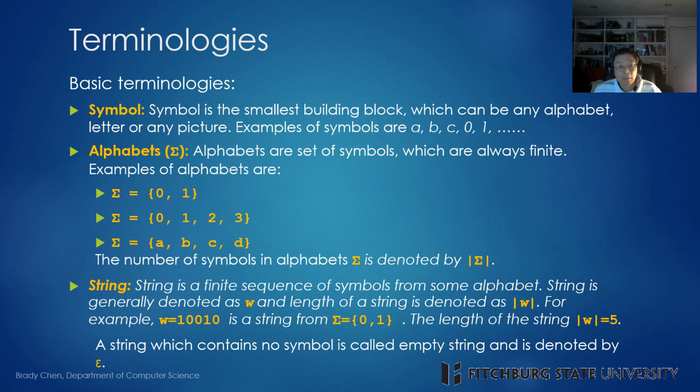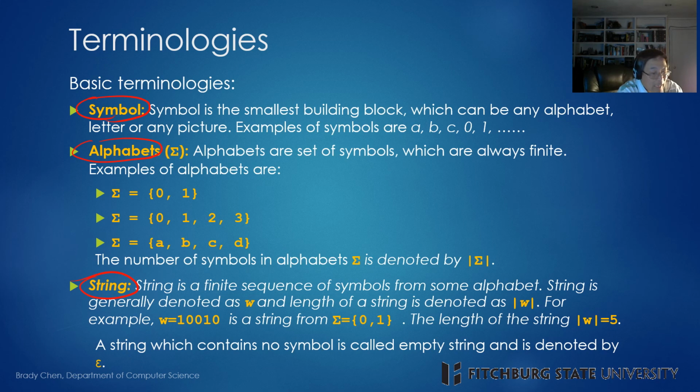First we're going to talk about the terminologies used in automata. We have three terminologies: symbol, alphabets, and string. A symbol is the smallest building block.